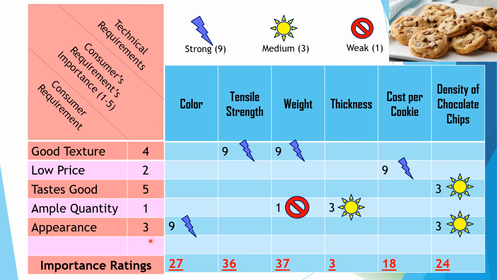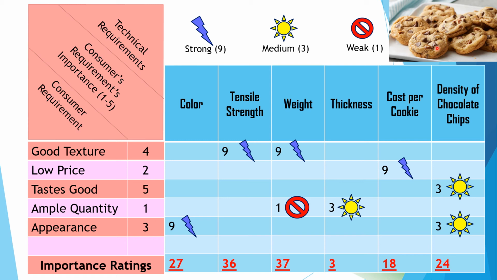And this column is how customers rate the requirements on a scale of 1 to 5. As you can see, the most preference is given to taste good, which means that it is the most important thing that the customers are demanding.